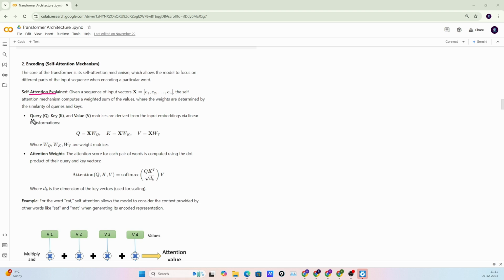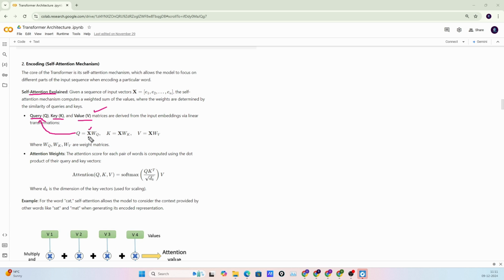So in attention we have three main parts: the query vector, key vector, and value vector. This is the main part of the transformer model. And how do we calculate these? To calculate the query vector, we multiply our embedding here.